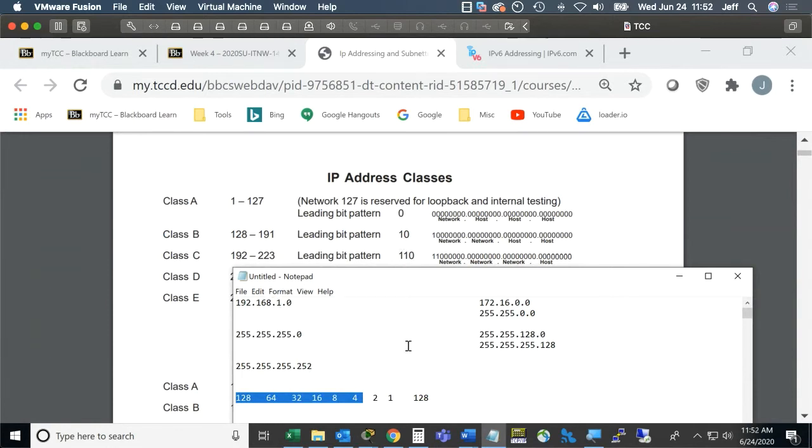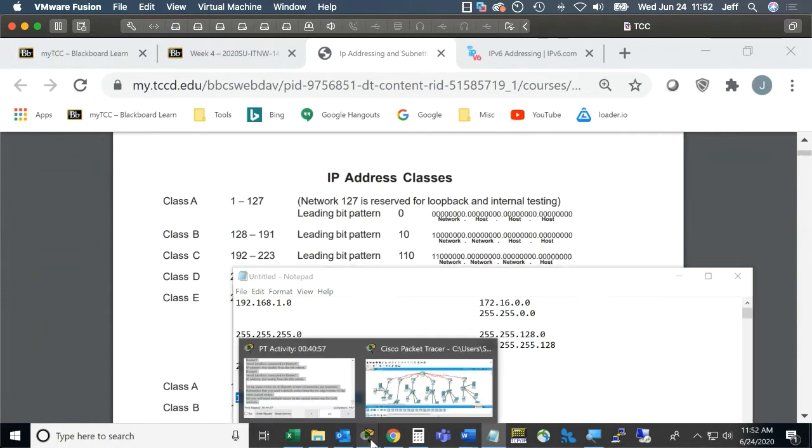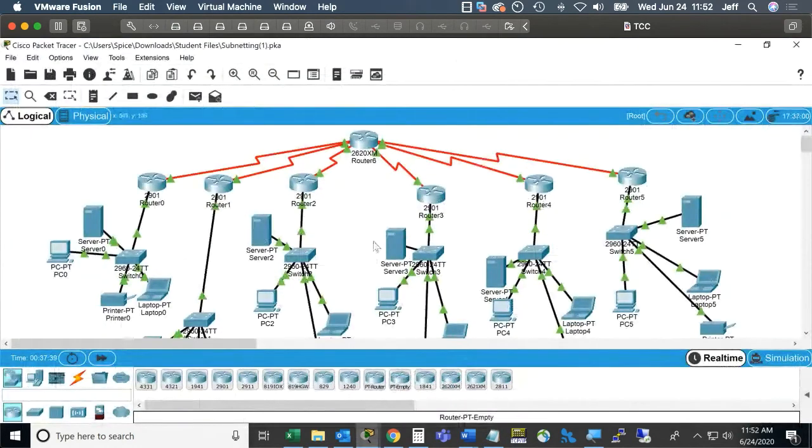So a good place to use that would be between here, right? Between this router and this router and this router and this router. I mean, there's going to be multiple network cards in these routers, but between these routers, there's just 2 devices.